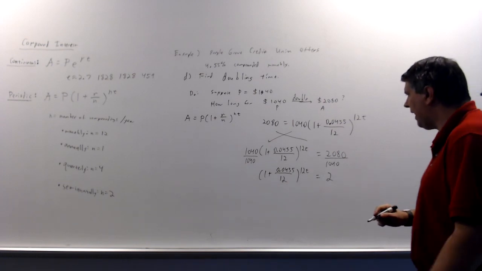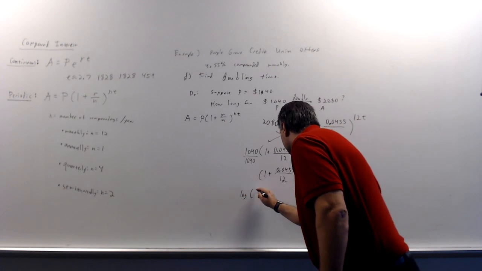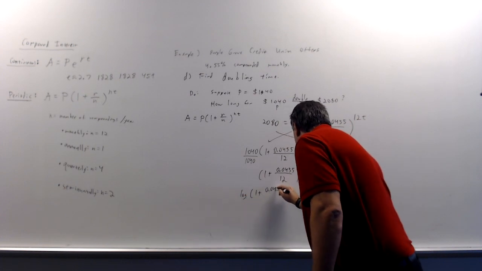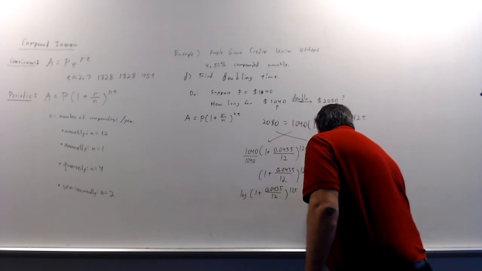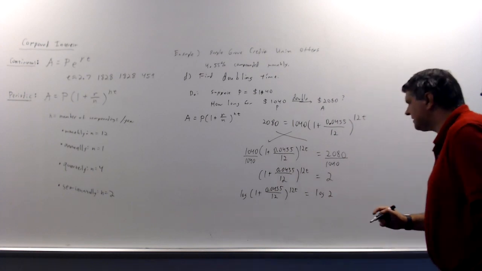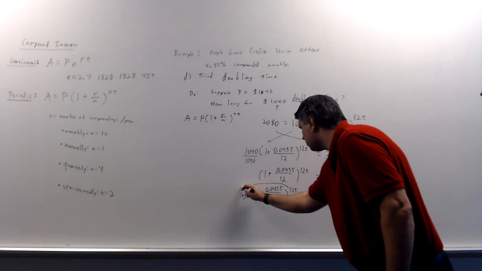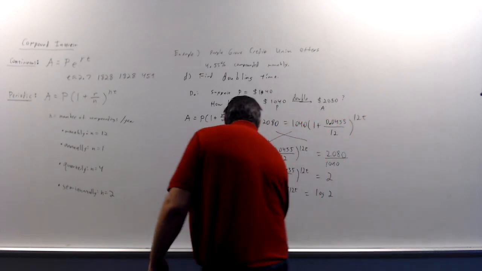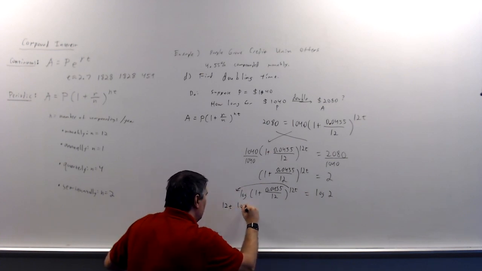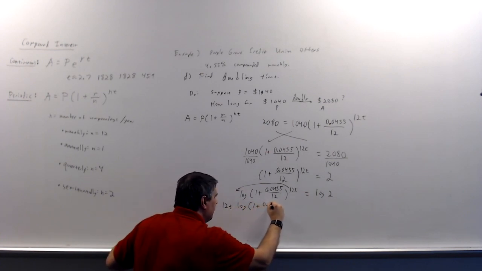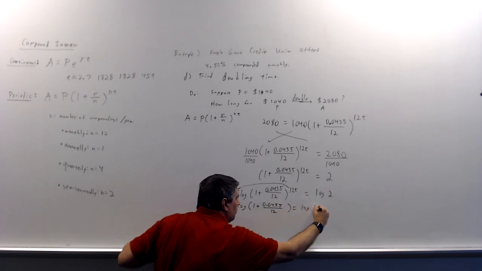Okay? Well, that's a base other than e, so we'll use the common log. And since that's log base 10, and that's a base other than 10, we can move the 12t to the front. So we have 12t log of 1 plus 0.0455 over 12 equals log 2.